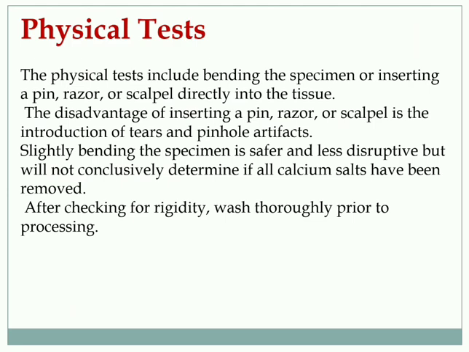Slightly bending the specimen is safer and less disruptive, but will not conclusively determine if all the calcium has been removed or not. So, the method to determine the endpoint of the decalcification process is by using X-ray.